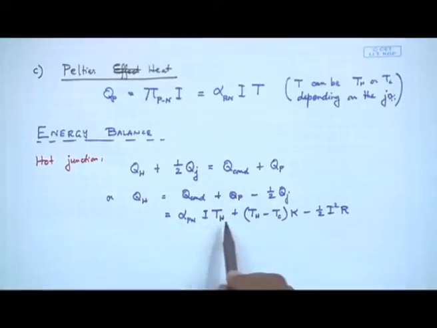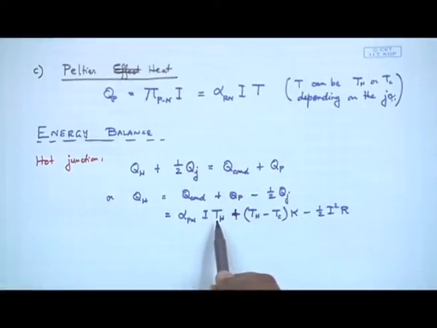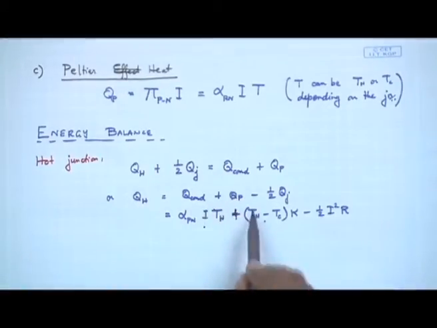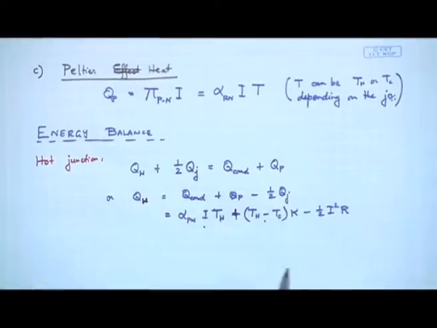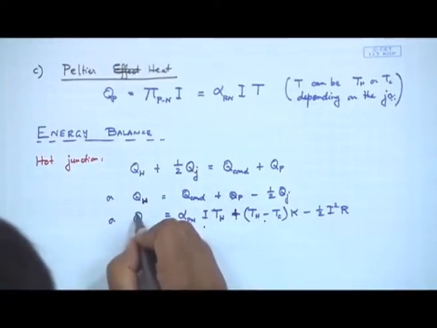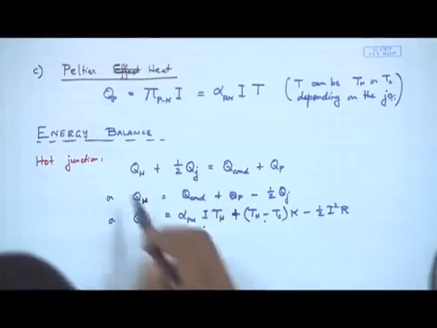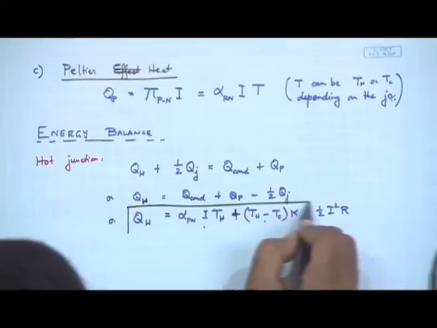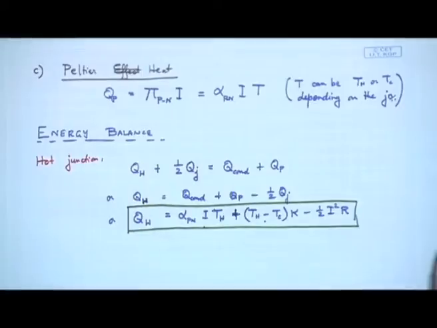I am sorry, I swapped these two. This is actually Qp and this is actually Q conduction, but I hope you understand. So, we have got an expression for QH, the heat input, as a function of these different parameters. Let me box that because we are going to use it later. This is going to be an important expression.